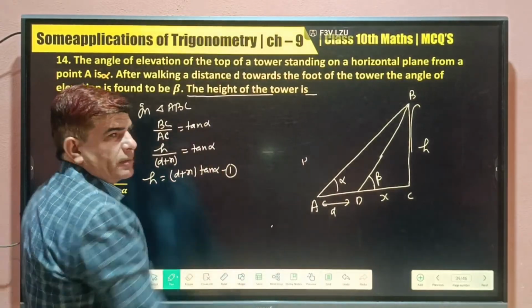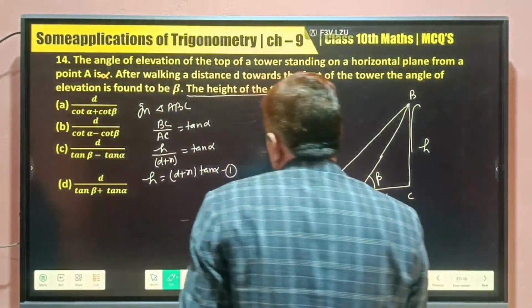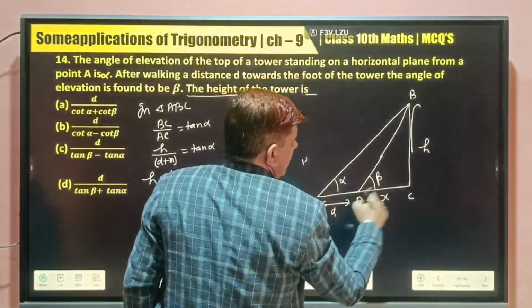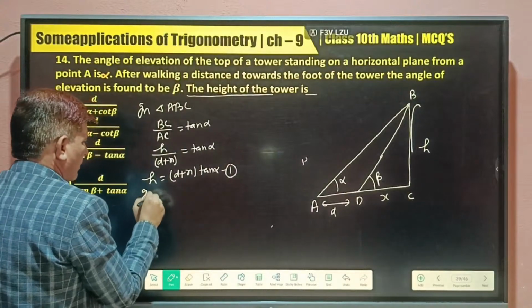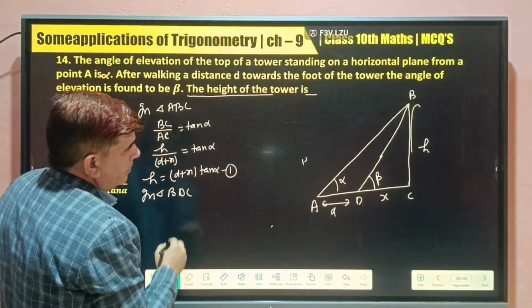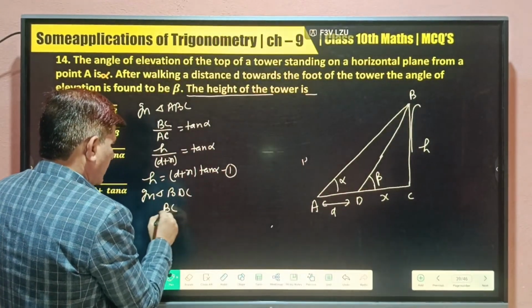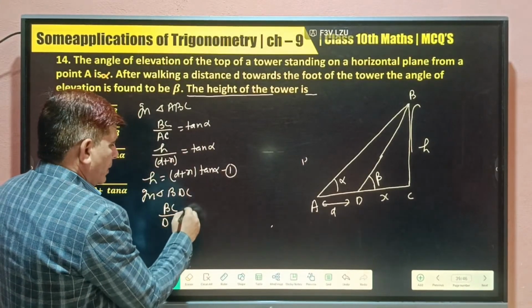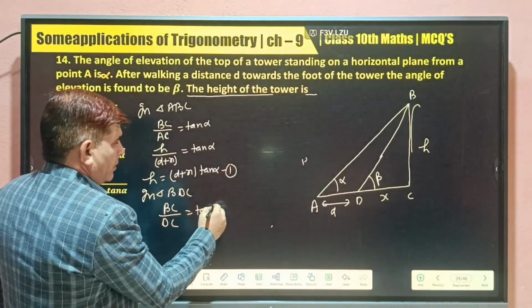Leave this here. In triangle BDC, BC by DC is equal to tangent beta.